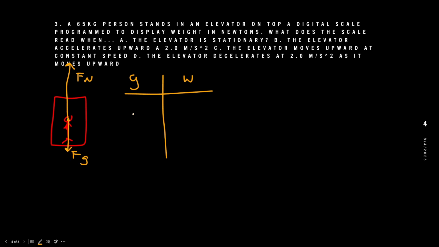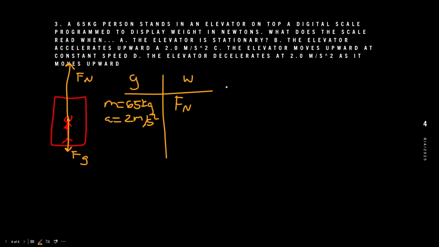And then in our given and wanted table, the only thing that would change is the acceleration. So mass would still equal 65 kg, then acceleration would equal 2 meters per second squared, and we still want to find the normal force. And our equation would still be the same because Fn is the greater force.